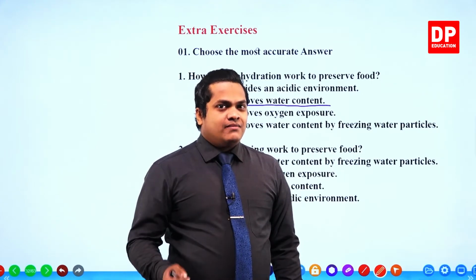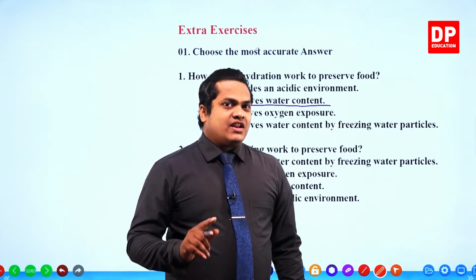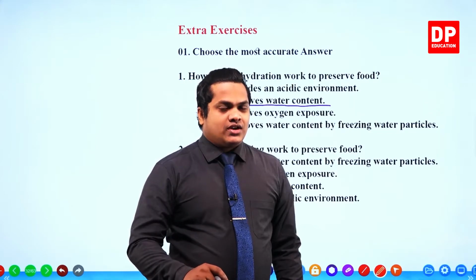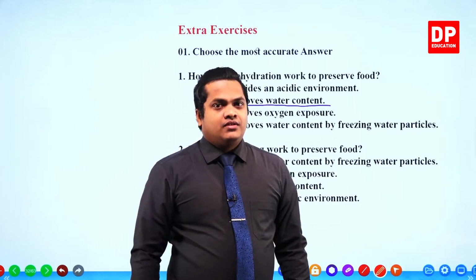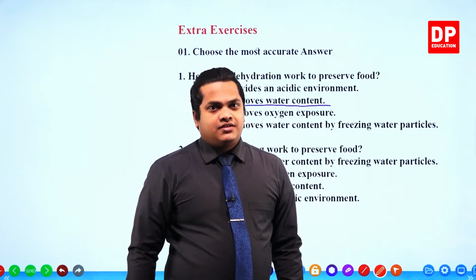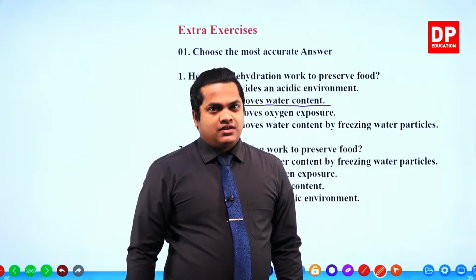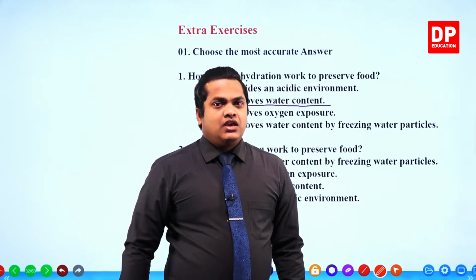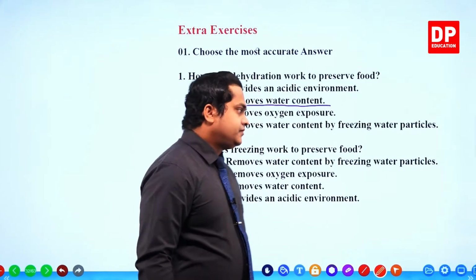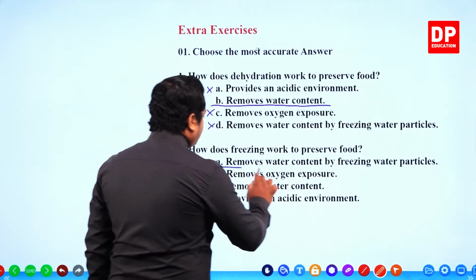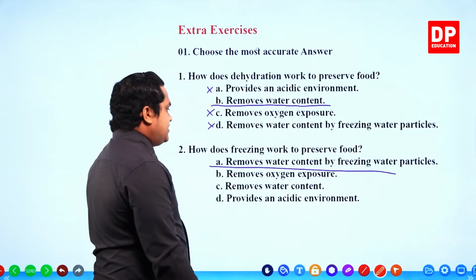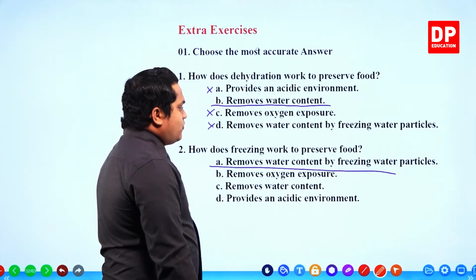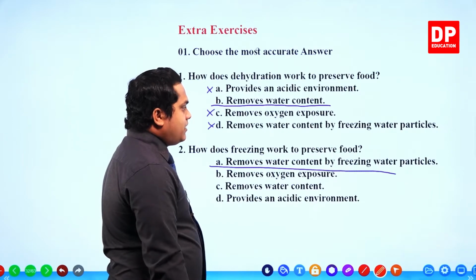We know that. But upon freezing, we are going to remove the water content. Doing what? By freezing it. By freezing the water particles. So we freeze down the water particles and we remove the water content. This is the answer. Removes water content by freezing water particles.